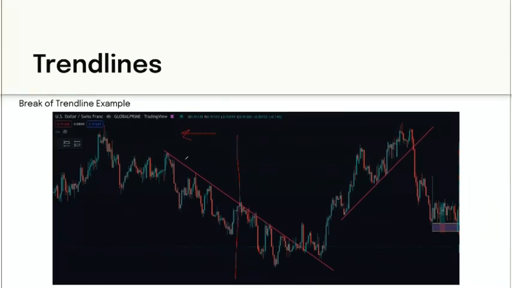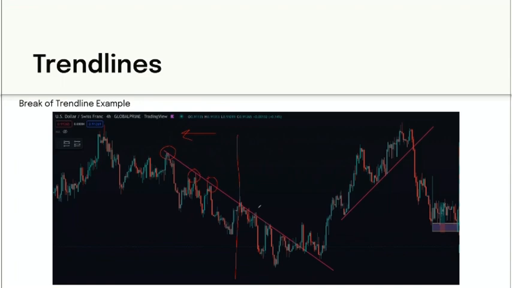So what we did was connect all the lower lows, these 3 points here, and draw the trend line according to them. Once we drew the trend line, we thought that price was going to respect it in the near future, so whenever price touches the downtrend trend line, we're going to open a sell position.